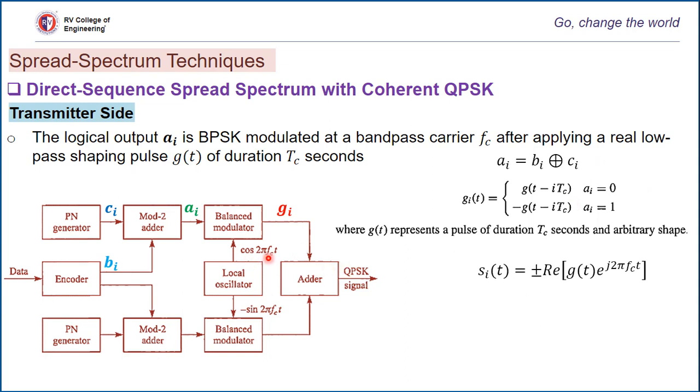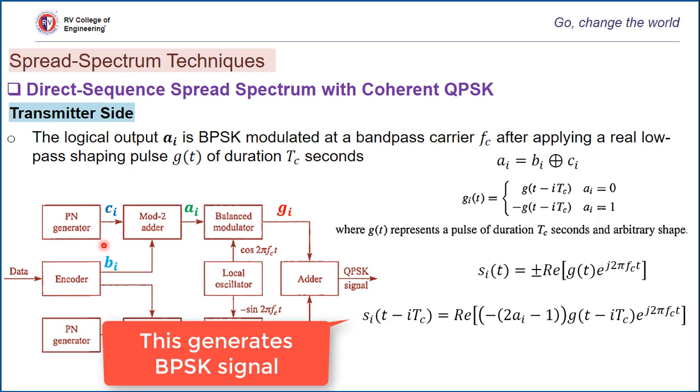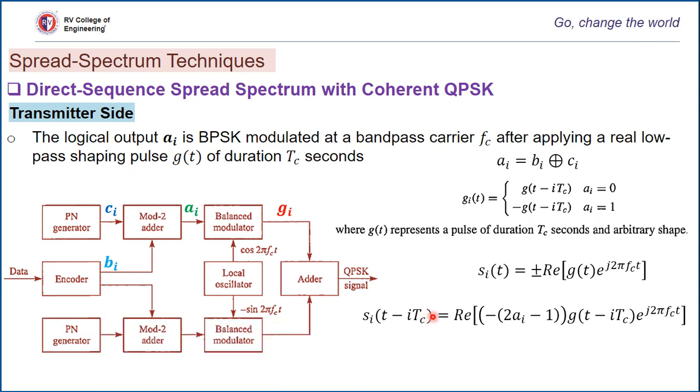Finally, the high frequency carrier is used with a balanced modulator to transform into a bandpass signal. We know that the bandpass signal can be represented in terms of its low pass representation as the real part of g of t times e power j2 pi fct. For any duration, these bits will keep on shifting in integral multiples of Tc.